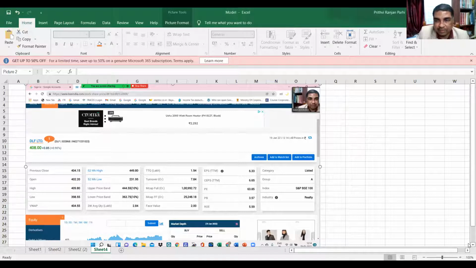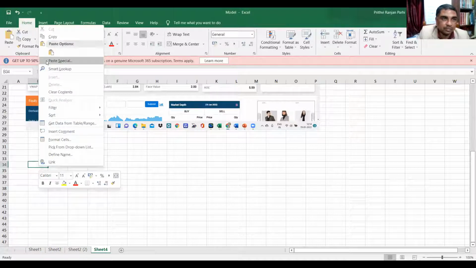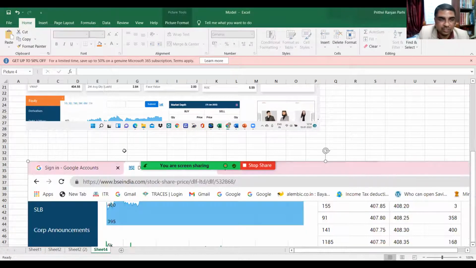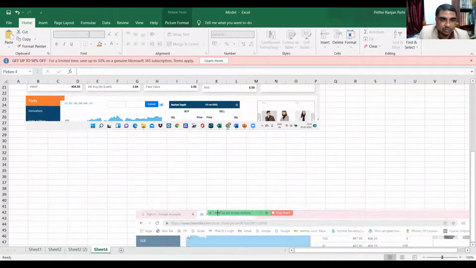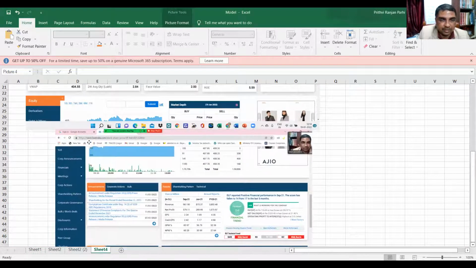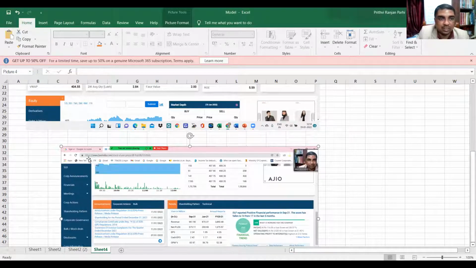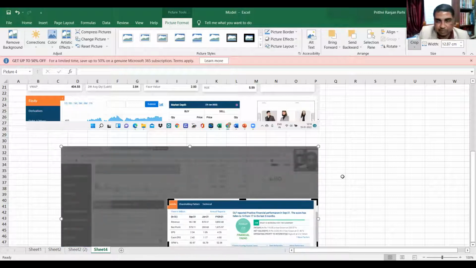In this Excel file, I'm pasting these pictures so that it will be easier. Since the size is big, I'm reducing the size. I can crop the unnecessary part, because I need this much data only.